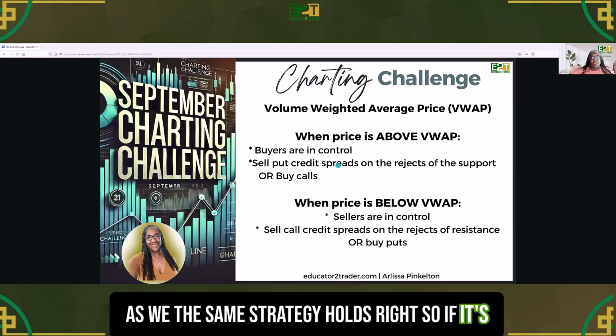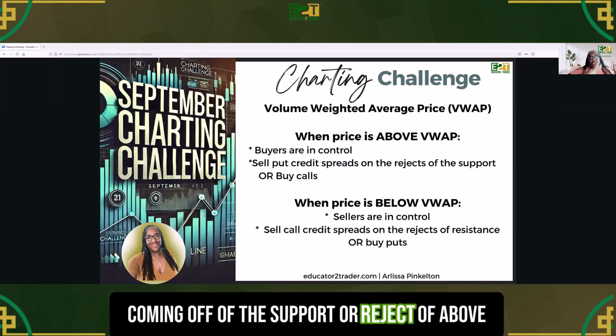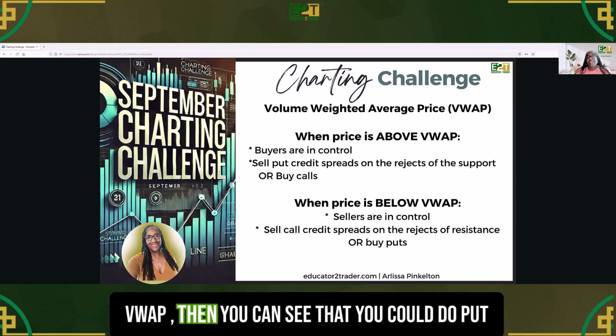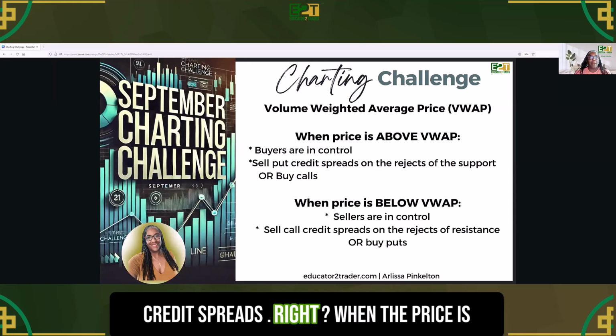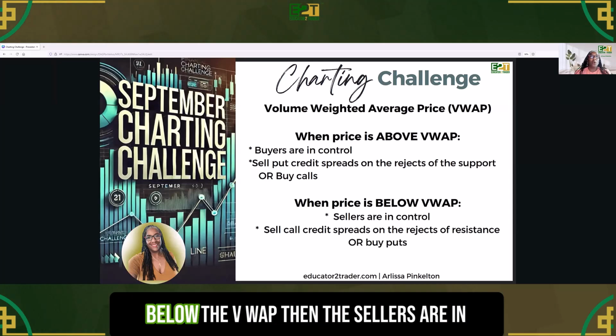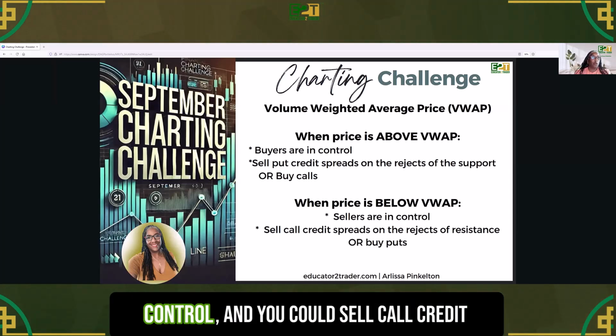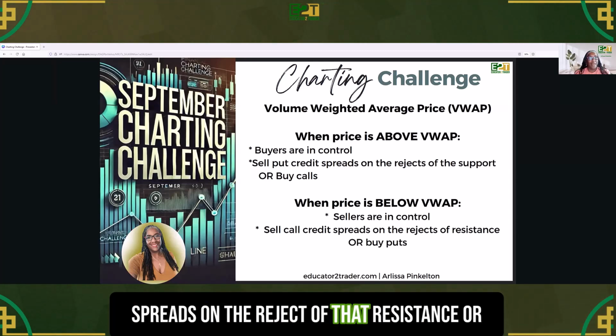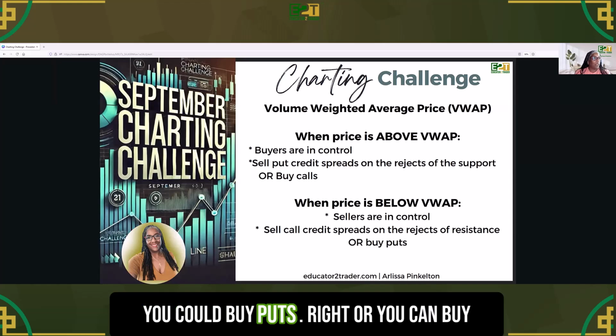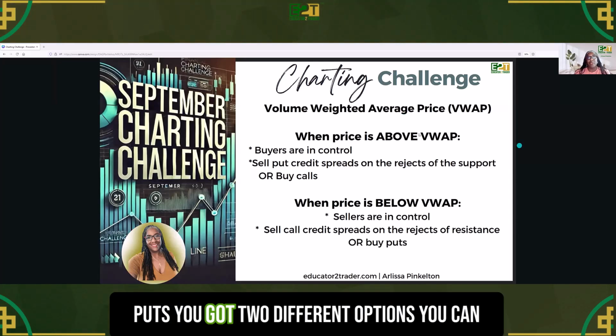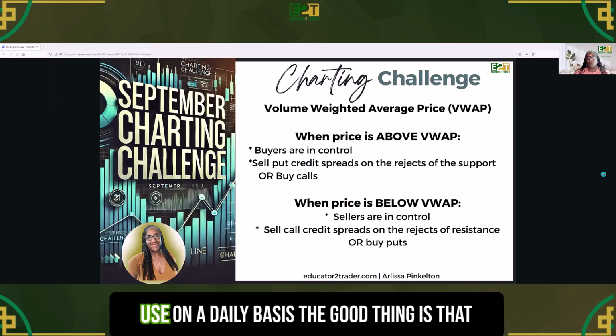So if it's coming off of the support or reject above VWAP, then you can do put credit spreads, right? When the price is below VWAP, then the sellers are in control, and you could sell call credit spreads on the reject of that resistance, or you could buy puts, right? You've got 2 different options you can use on a daily basis.